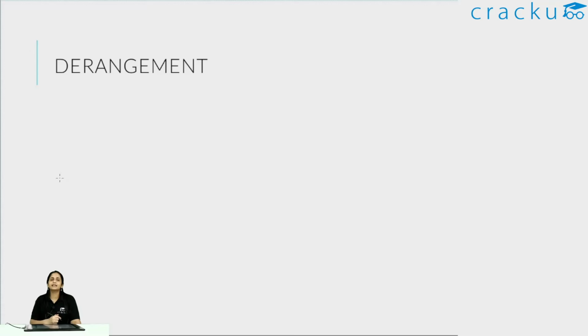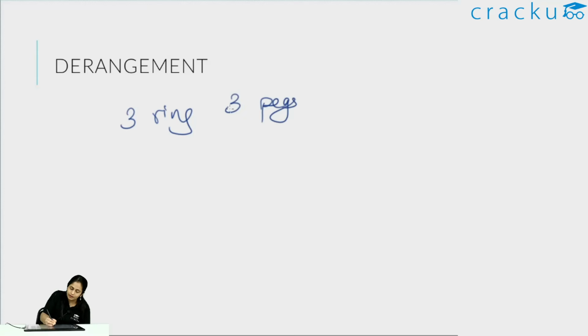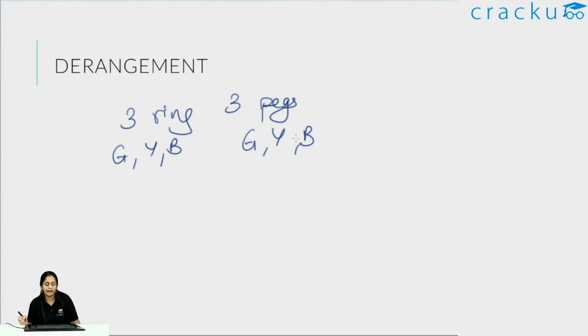Say there are 3 rings and 3 pegs: green, yellow, blue ring and green, yellow, blue peg. You have to say in how many ways we can arrange the rings on the pegs, where there is exactly one ring on one peg, such that none of the pegs have the same colored ring.